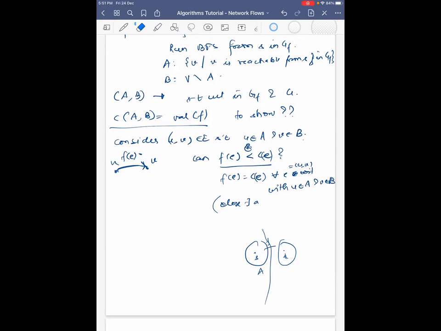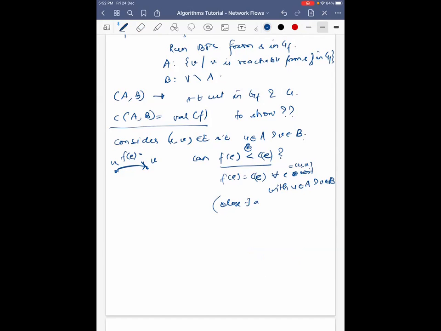If you're only considering those edges going from the connected component of S to the connected component of T in the residual graph, then the result will have to be reframed. Consider any (u, v) belonging to E such that u belongs to A and v belongs to the connected component of T, and not just any vertex in the remaining vertices. Then we know that f(e) is equal to c(e) from this argument at least.